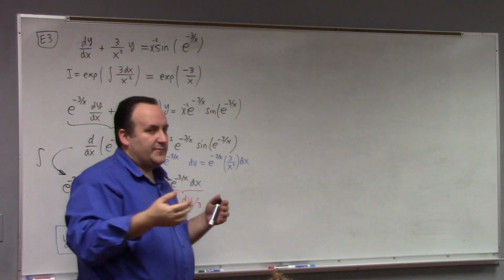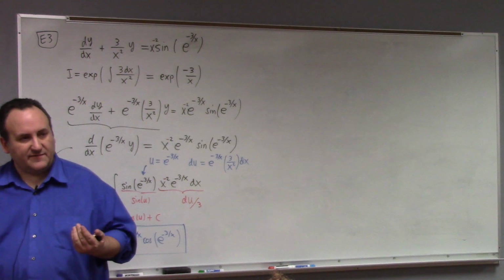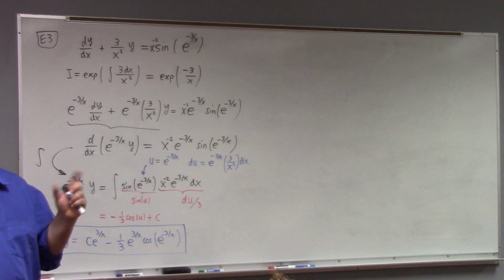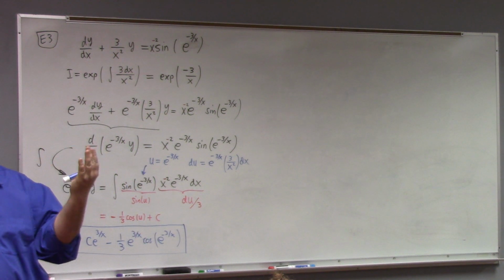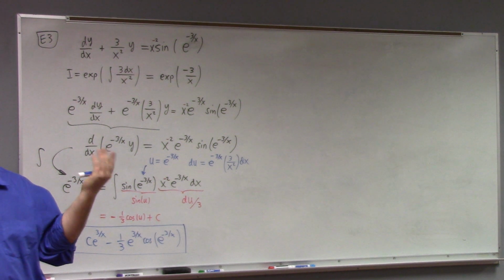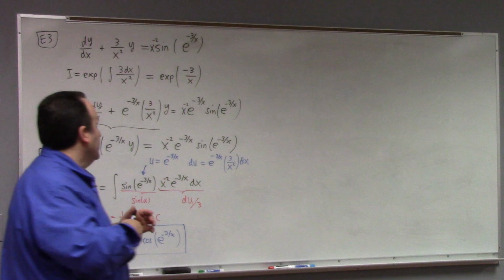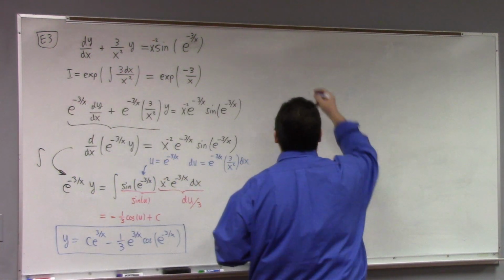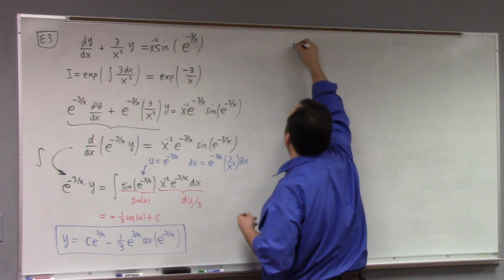He has some problems where you don't even have to multiply by the integrating factor because it's already reverse product rulable at the start. You look at it and go, oh, reverse product rule, and then go from there. So there are problems like that. Here's a ridiculous version of one of those.